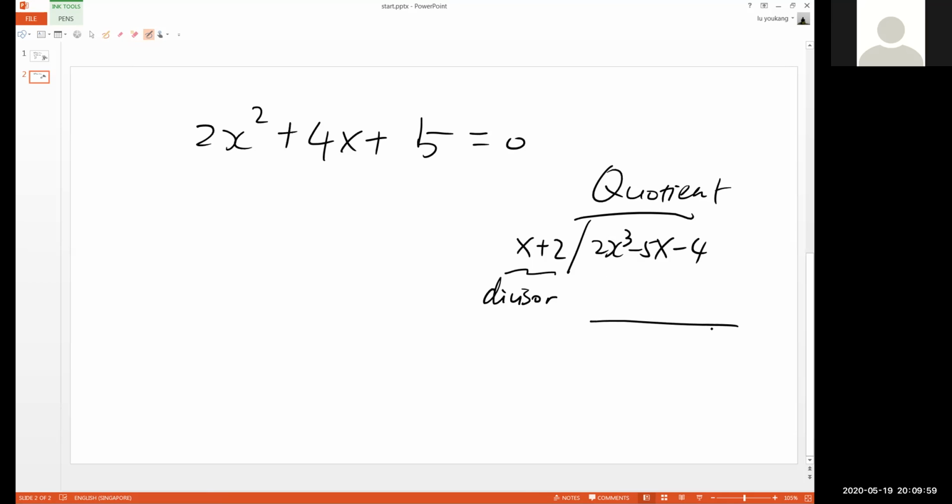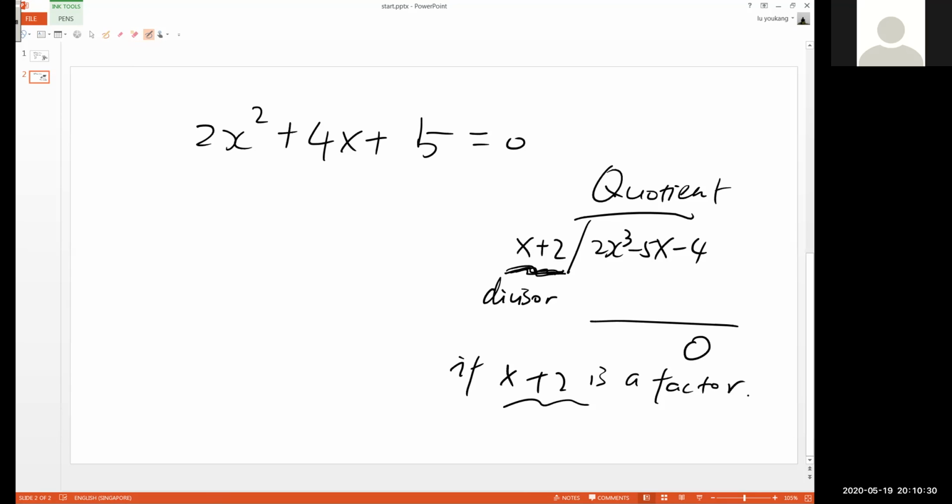And then of course, when this is a factor, your remainder should be 0, if x plus 2 is a factor. The question says this is a factor, right? So that's why your remainder should be 0.